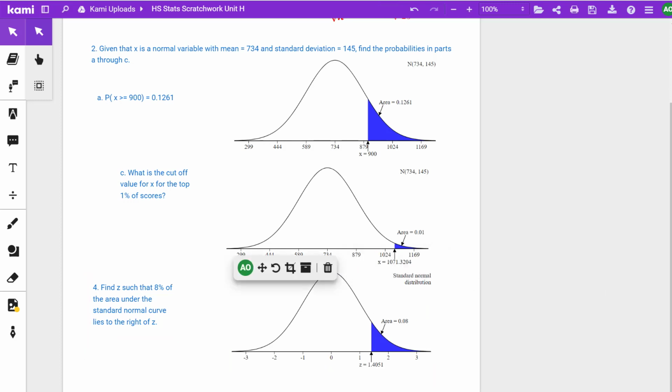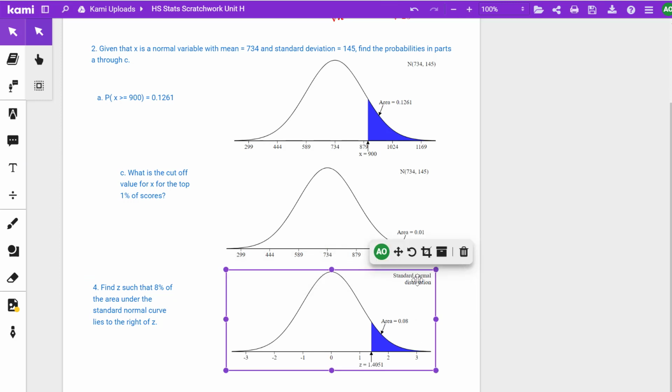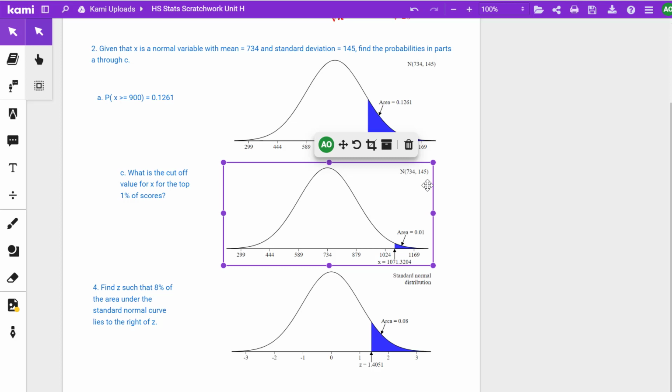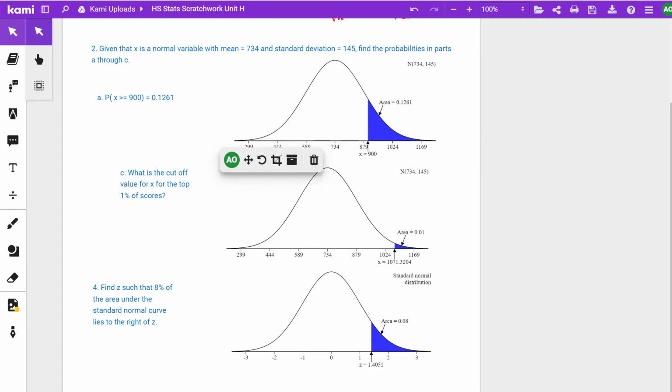I know. It shows Z on the curve, right down there. And it says standard normal distribution. Your center is 0, and then you have 1, 2, 3, and -1, -2, -3. When it says standard normal distribution, you are working in Z-scores. Here you can see this is a normal distribution with a mean of 734 and 145. And then you have the actual values here. So keep that in mind.